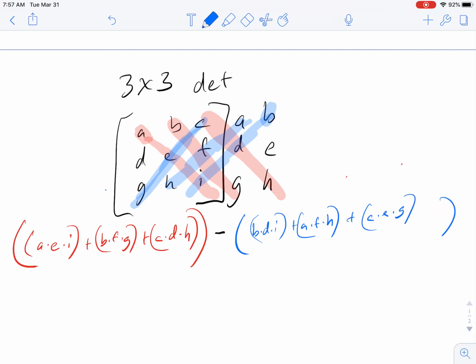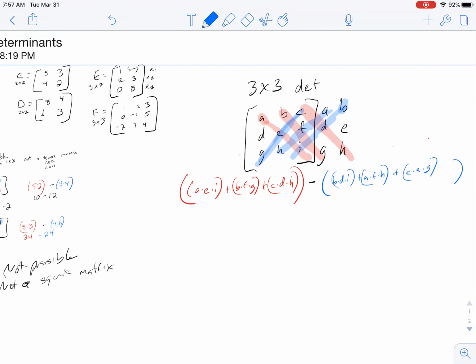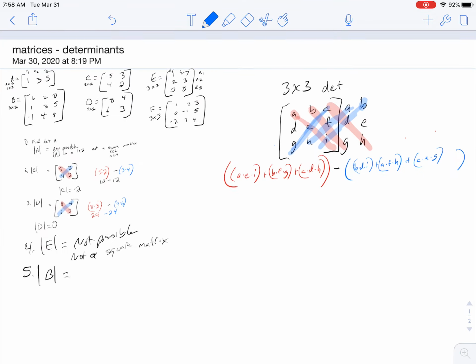And we add all those up. And the difference of those two would be the determinant for a 3 by 3 matrix. So again, you rewrite the first 2 columns, and then you take the red diagonals, multiplying each of the elements along that diagonal. Once we figure out the product of each diagonal, we add them all together and subtract the second set.